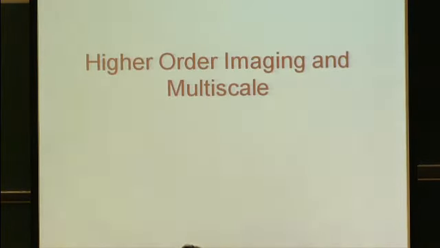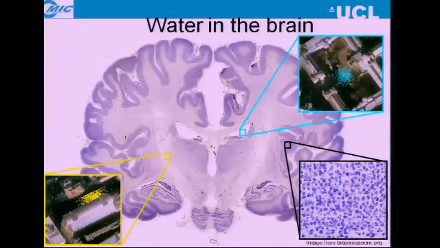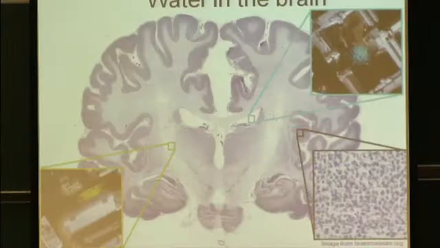Okay, let me now get to a couple more things. I want to say something about higher order imaging, multi-scale. This is again something that's come up in the last 10 years or so, to ask what more structure you can investigate. As I mentioned, the principal molecule being observed in MR is the proton, and the principal presence of the proton is in water.